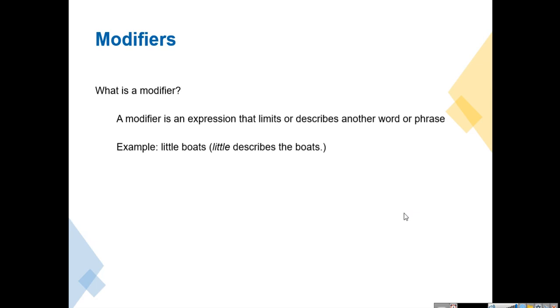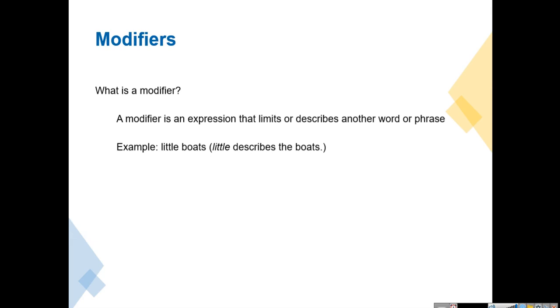Okay, we have verbs, we have nouns, adjectives, prepositions. For nouns, it would be adjectives. That's correct. Yeah, I was thinking about it numerically. Oh, yeah, that also can modify a noun. Very good. So, when we talk about modifiers, we're talking about more than adjectives.